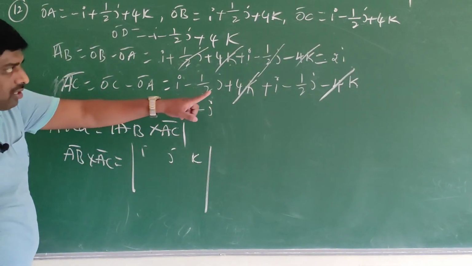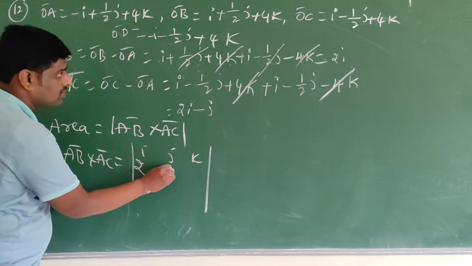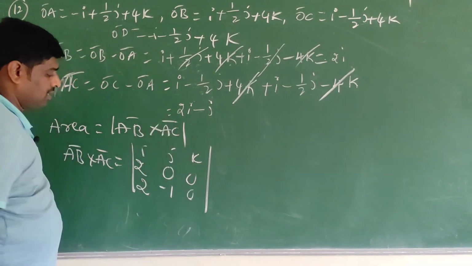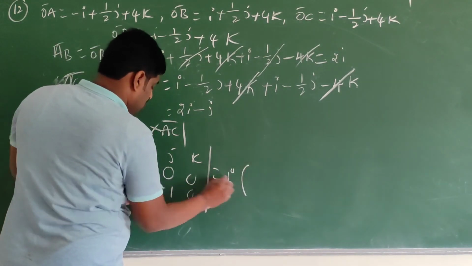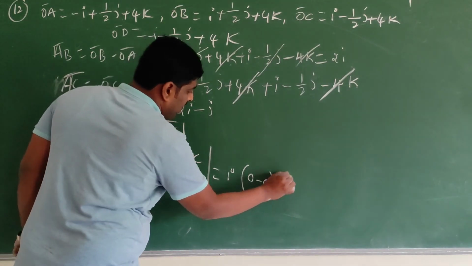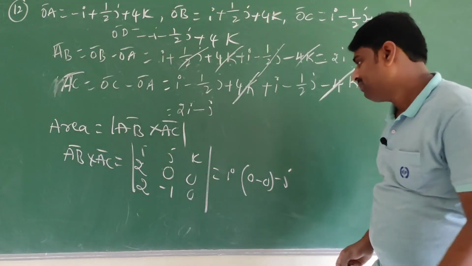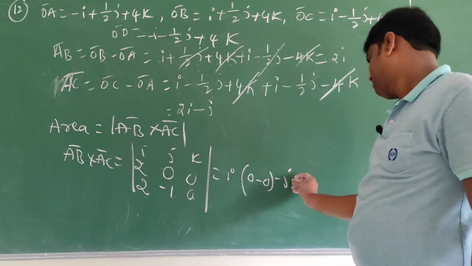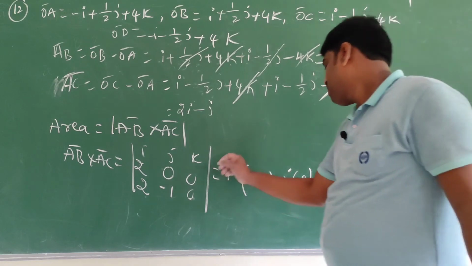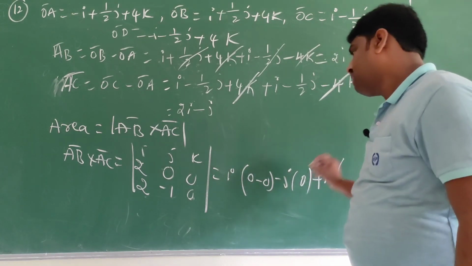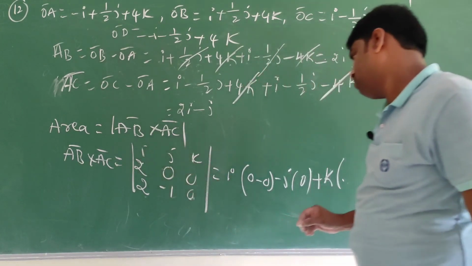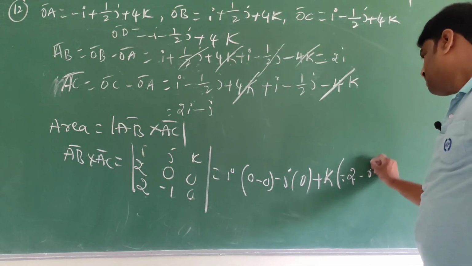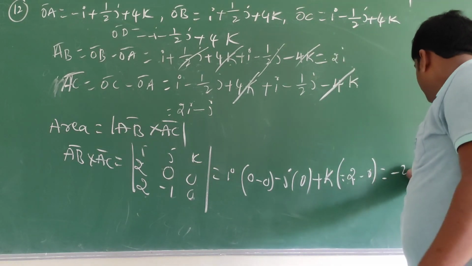the determinant of i, j, k. What is AB bar? That is 2, 0, 0, and AC bar is 2, minus 1, 0. That is i into 0, 0 minus j into 0, 0 only, plus k into 2 times minus 1 is minus 2, 2 times 0 is 0, so you will get only minus 2k.